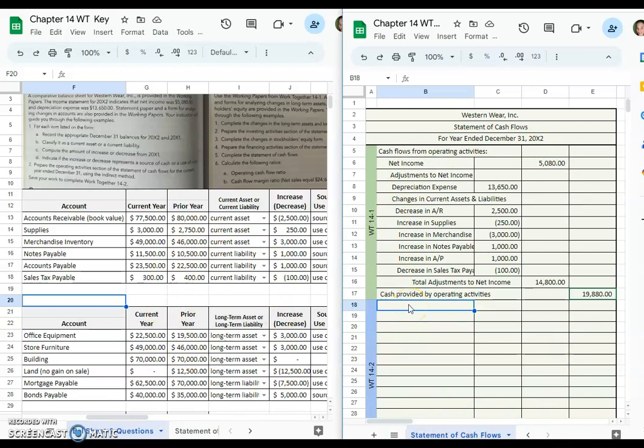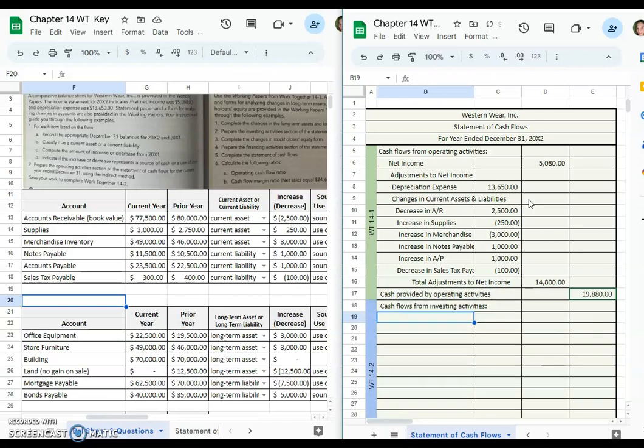So we are going to do our investing activities section. So cash flows from investing activities, right? Okay, so first thing we have is office equipment, and this was an increase in office equipment or an addition to office equipment.